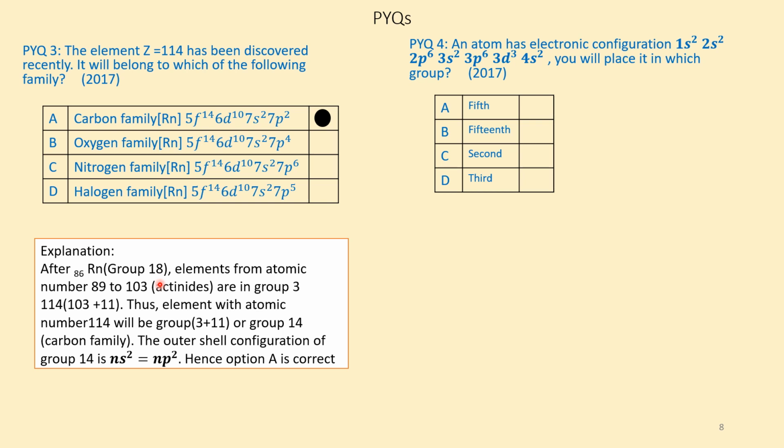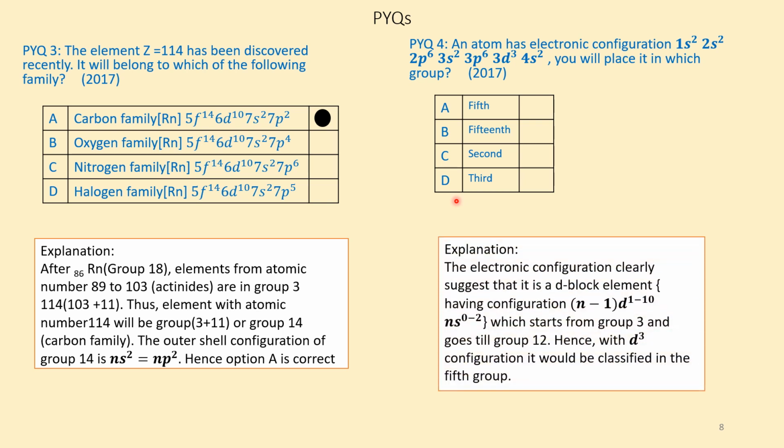Four options are given: option A is fifth, option B is 15th, option C is second, and option D is third. Please pause the video and mark your correct answer.